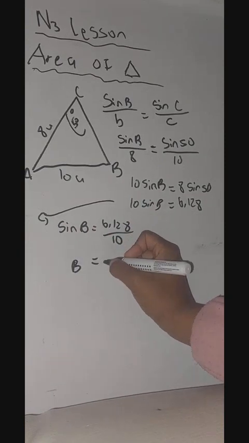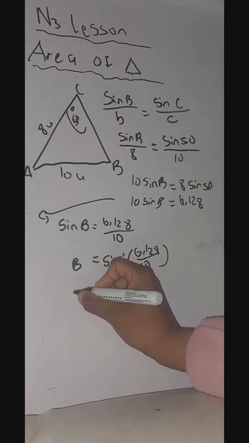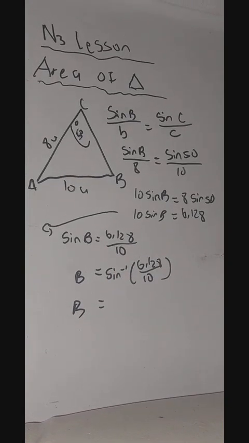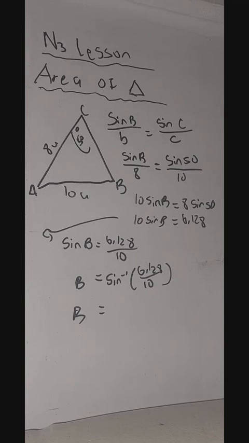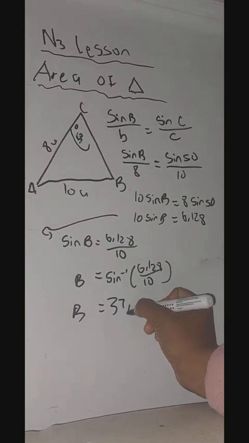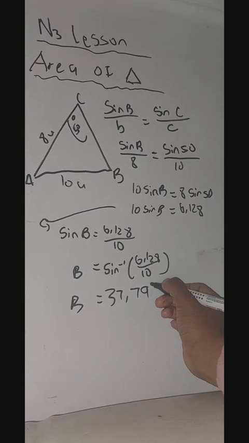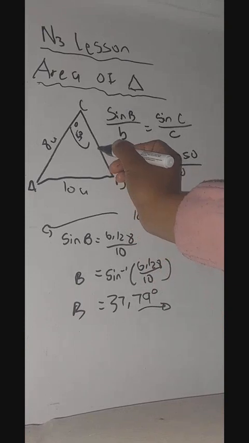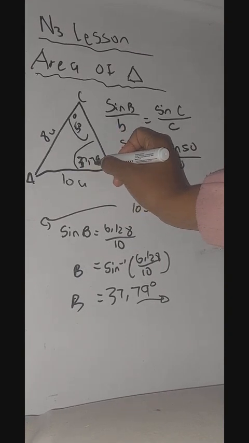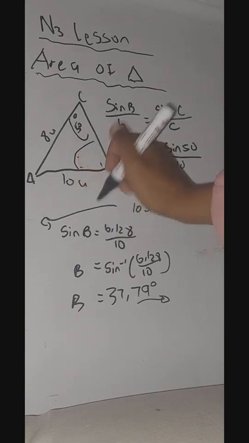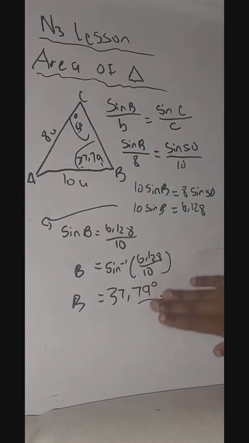And to solve for B, now we take the inverse sine of 6.128 over 10, so let's solve for angle B. I get my answer to be 37.79 degrees. So we do have angle B, which is 37.79.